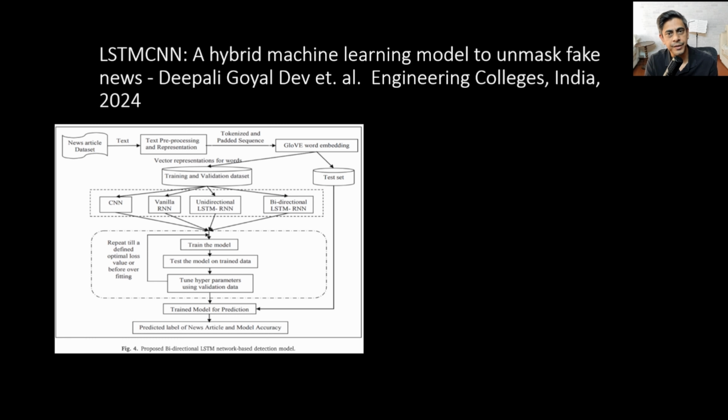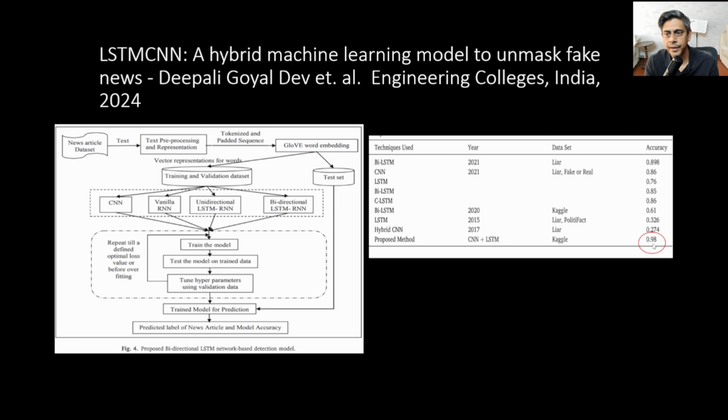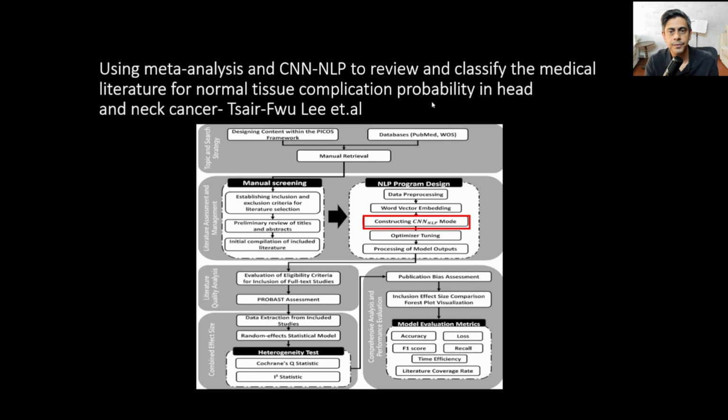CNN can play a better role in one part, and other models understand the temporal information. For example, here the LSTM is known for understanding temporal information and CNN is known for feature extraction. So they are combined to achieve a very good score, like 98%, to recognize fake news.